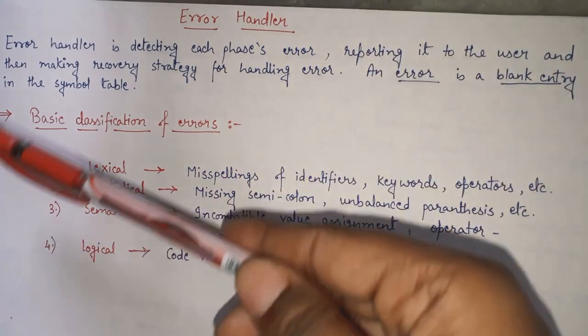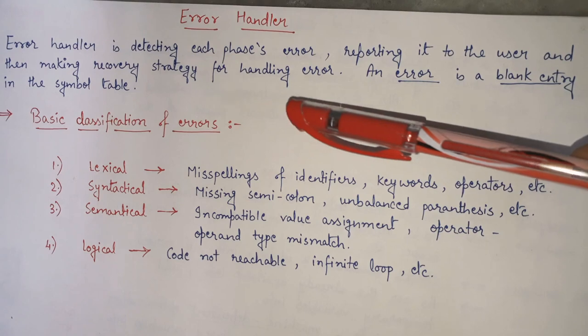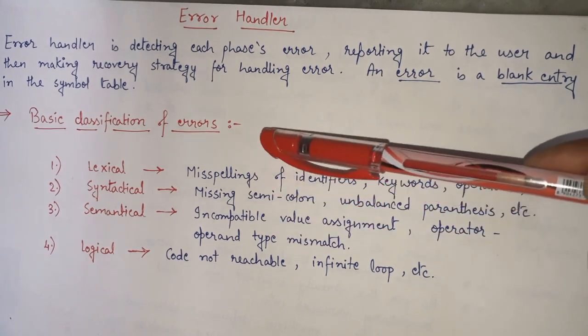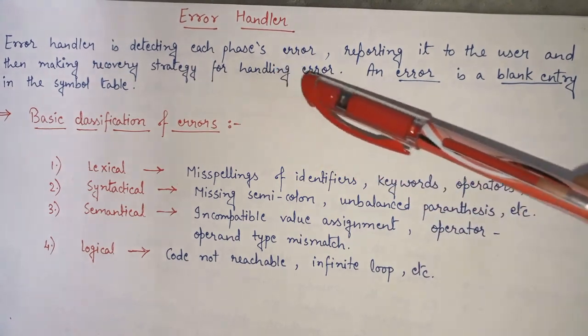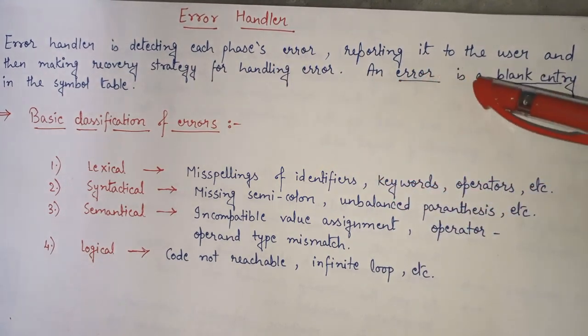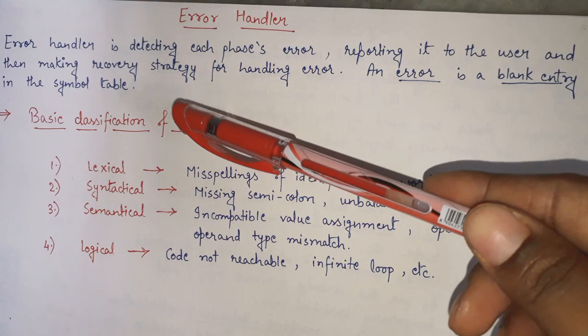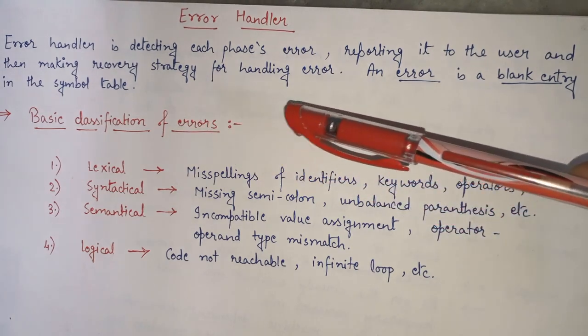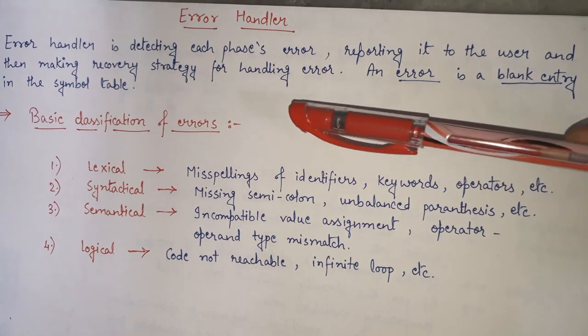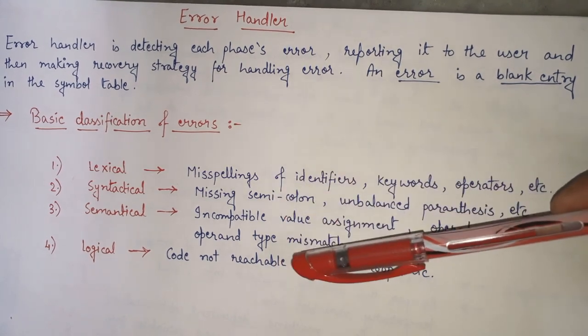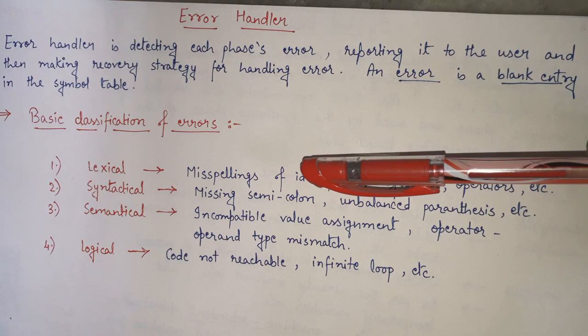So error handler is connected with all the phases of compiler. The error handler is detecting each phase error, reporting it to the user, and then making a recovery strategy for handling the errors. So what it is telling is, as we know, all the phases of compiler have different tasks, right?